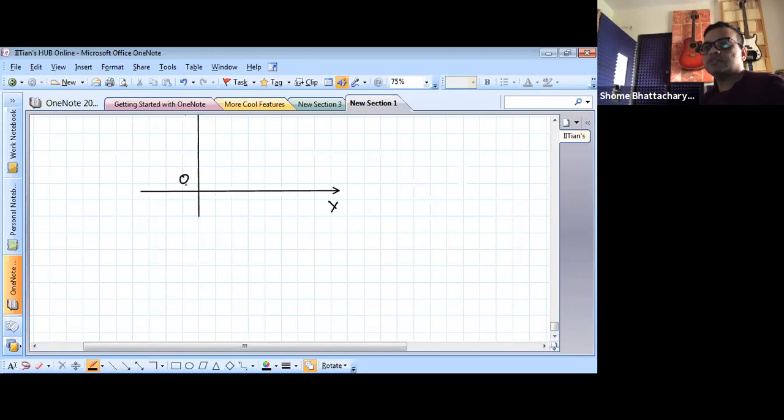Now at the origin, we have this time a beam of light which is incident parallel to the y-axis. So this is our incident line.